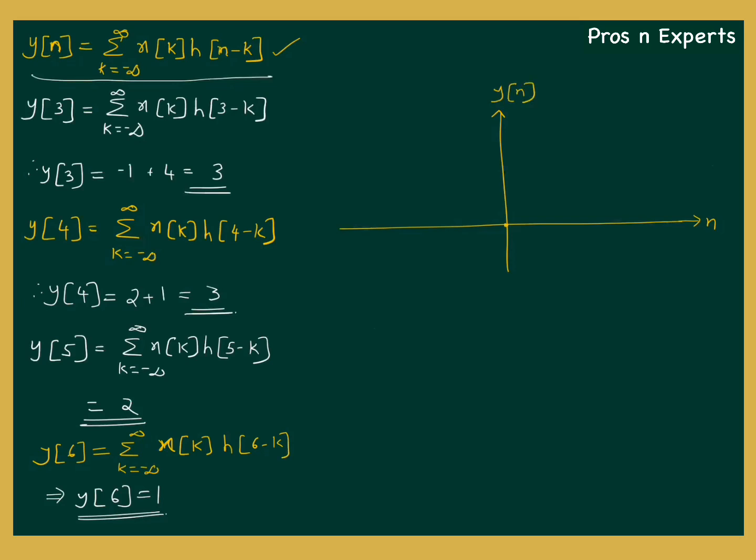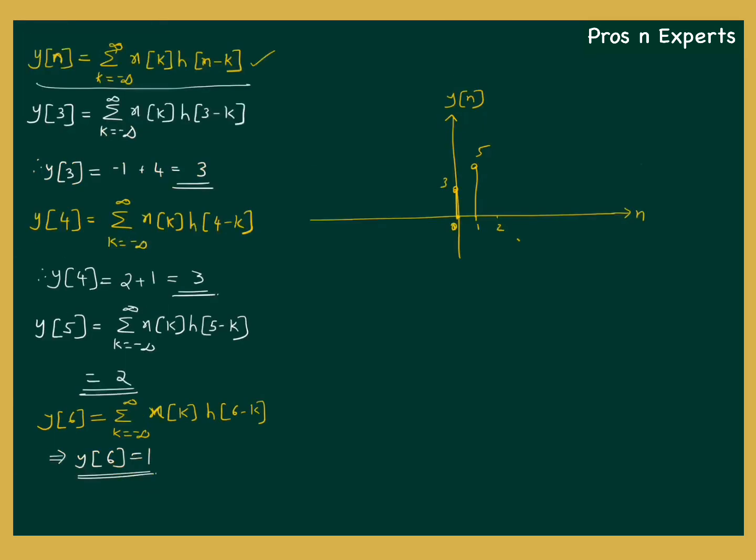So what was y of 0? Y of 0 was 3. Then y of 1 was 5. Okay, y of 2 was 3. Again y of 3 was 3. We got it as 3 in the slide itself.